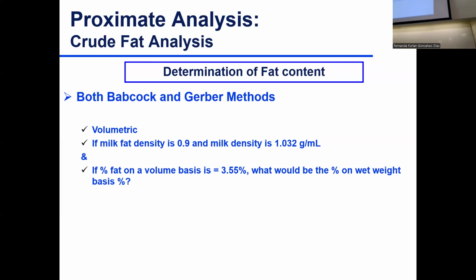So I know that my percent fat is 3.5 mLs in 100 mLs. But I want it in grams, right? I want the mass. If I isolate mass, mass is volume multiplied by density. So if I want my fat percent in relation to mass, this would be the mass of fat divided by the mass of my milk.